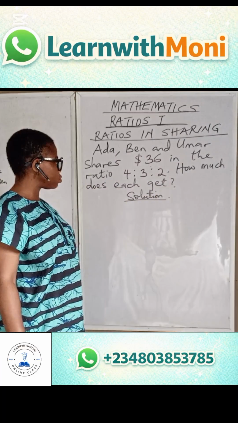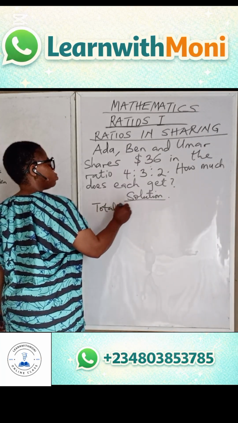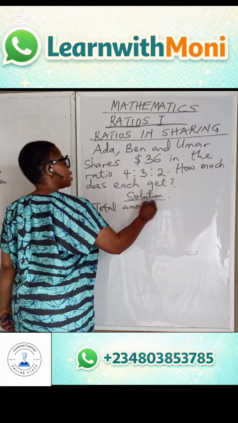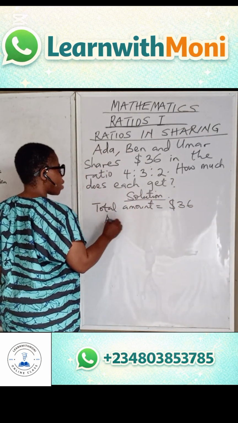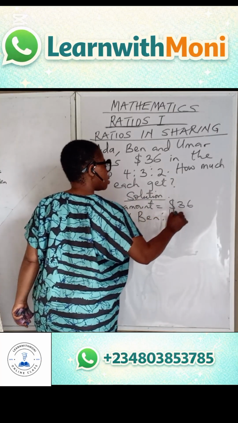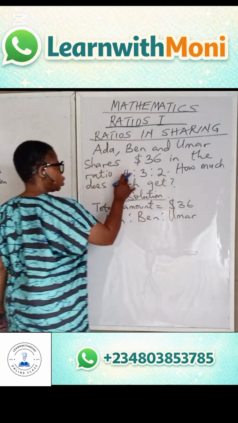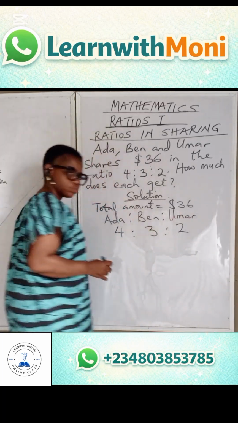Let's find out. The total amount they are sharing is $36. The ratio for Ada to Ben to Umar is 4 to 3 to 2.